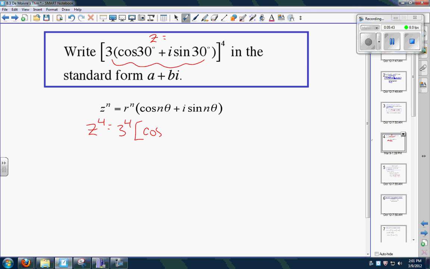All we have to do is plug some stuff in. So it's going to be 3 to the 4th. The theta right now is a 30. And we're just going to multiply and simplify this as much as we can.